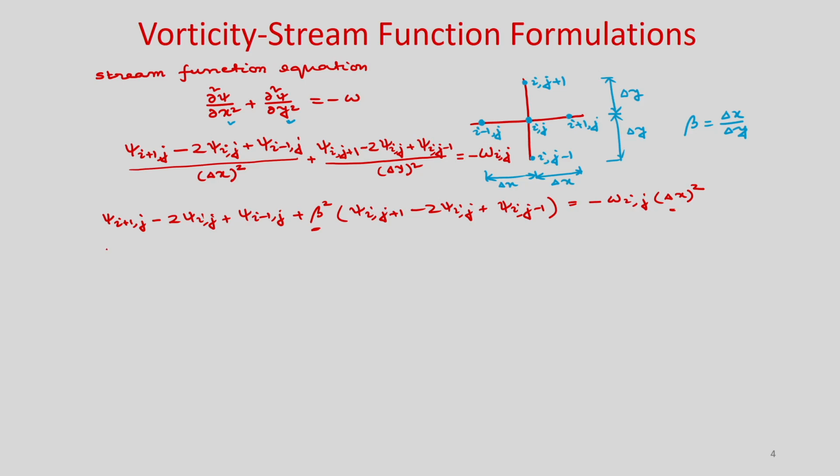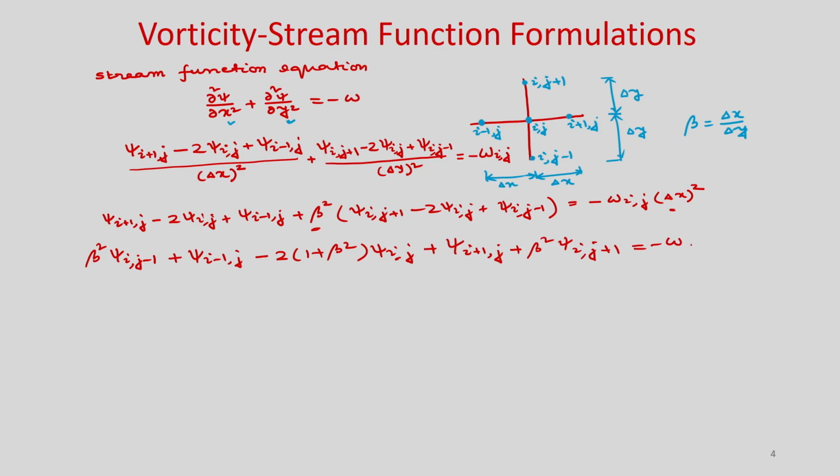Okay. So, after simplification you can write it as psi(i,j-1) plus psi(i-1,j), minus 2 into (1 plus beta square) psi(i,j), plus beta square psi(i+1,j), sorry, this is your psi(i+1,j) and plus beta square psi(i,j+1) is equal to minus omega(i,j) delta x square.